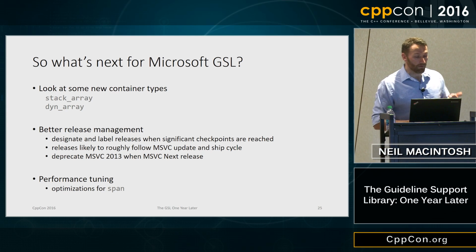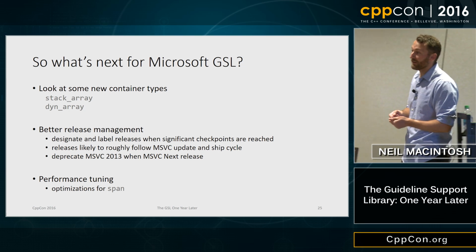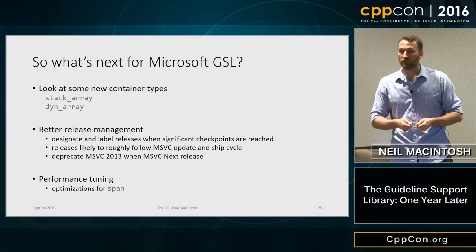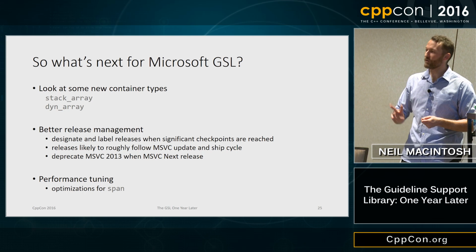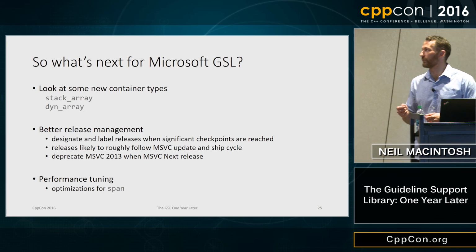We'll also be deprecating MSVC 2013 at some point in the next year, because I'm hoping that we'll see the next version of Visual Studio in that time. And when we do, I only ever want to have to support 2 versions of our compiler at a time, because otherwise it's just too painful for words.